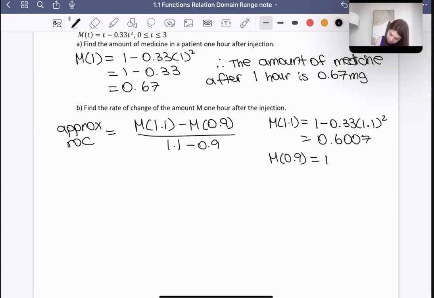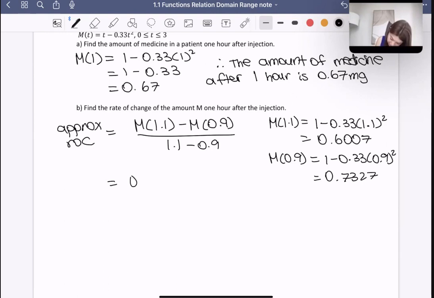Well, that's going to be 1 minus 0.33 times 0.9 squared, which is 0.7327. Good.